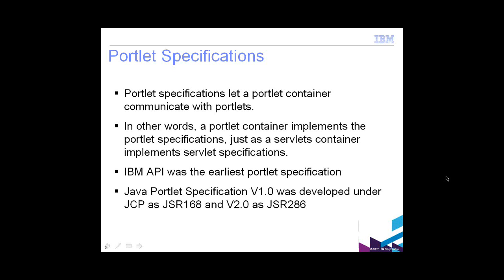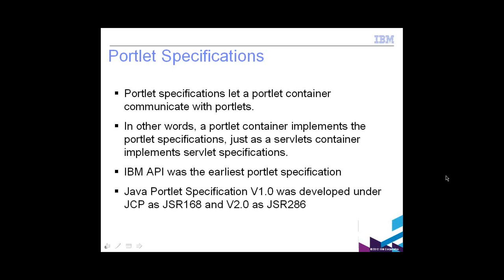At that time, as the name says, it was a proprietary API, which essentially means there was no other portlet container available in the market, because the API wasn't open. So the IBM servers, in very layman terms, were the only portlet containers available in the market.